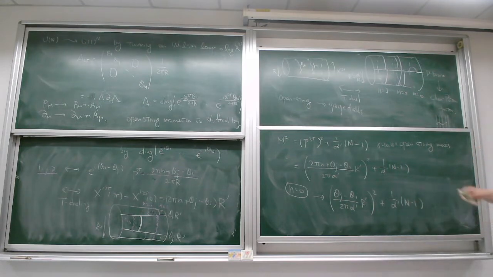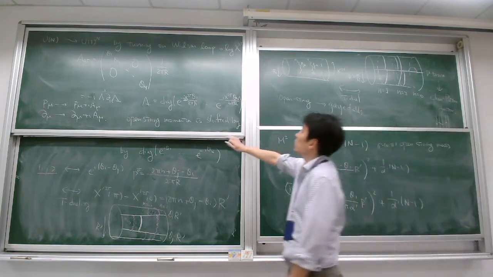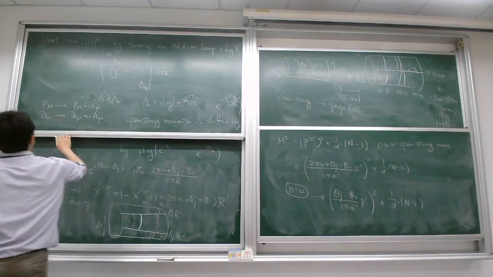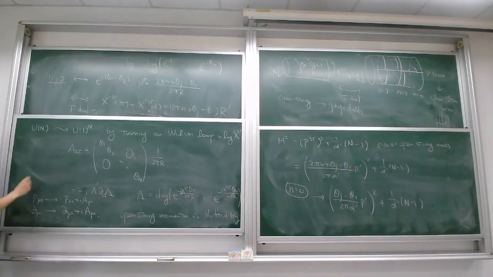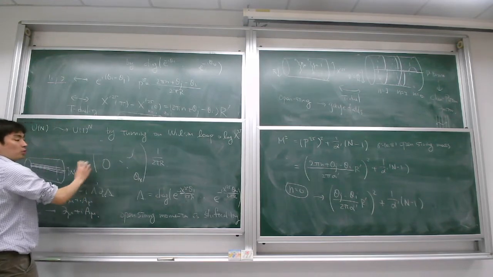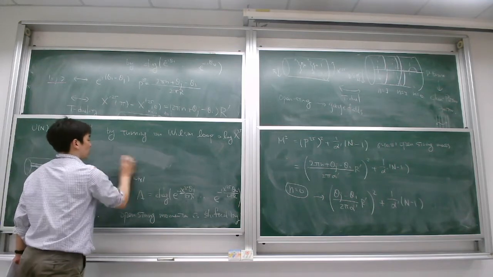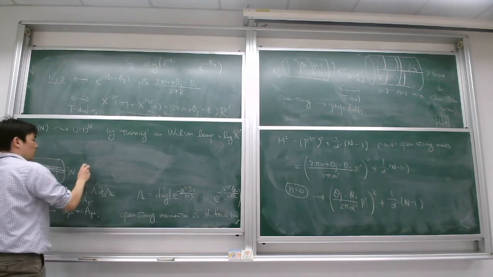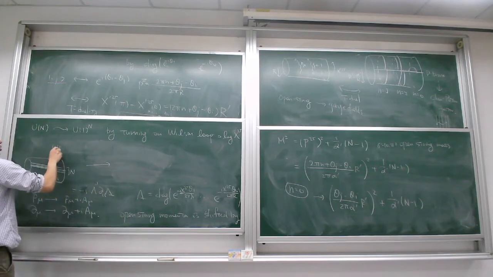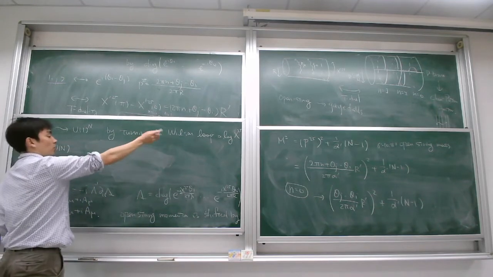So what it really does here is, U(N) goes to U(1): if you have a stack of N copies of D-branes, by turning on this Wilson loop it gives us U(N) broken down.